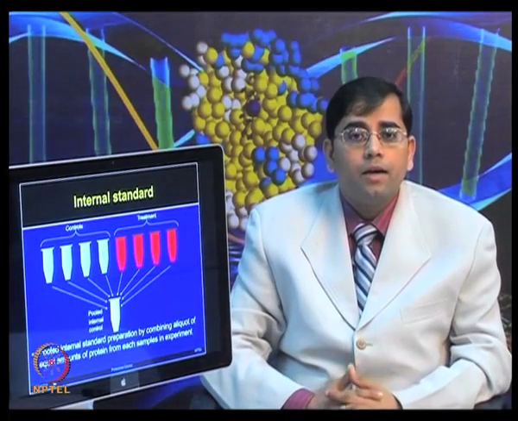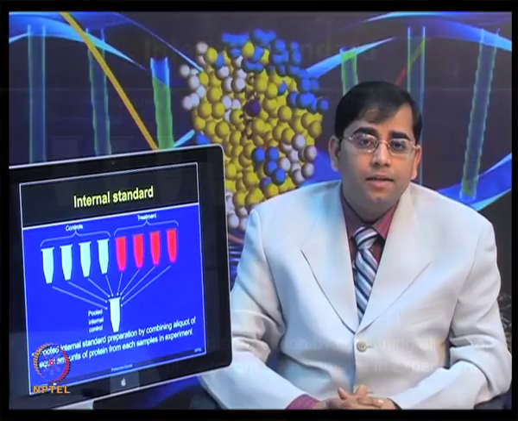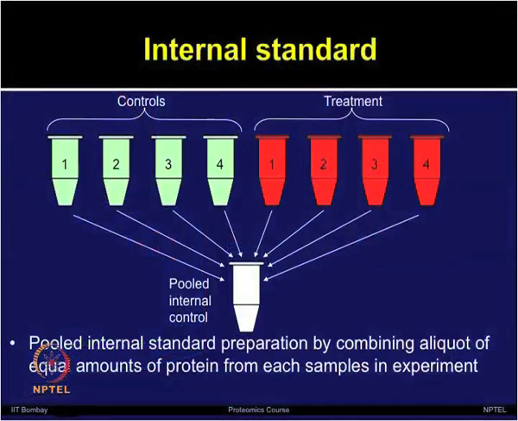I am taking a very simple case here, where you have 4 healthy controls and 4 patients suffering from a disease. To represent all the proteins present in each of these samples from healthy individuals and diseased patients, first you need to make an internal pool which is representative of all of these 8 samples.